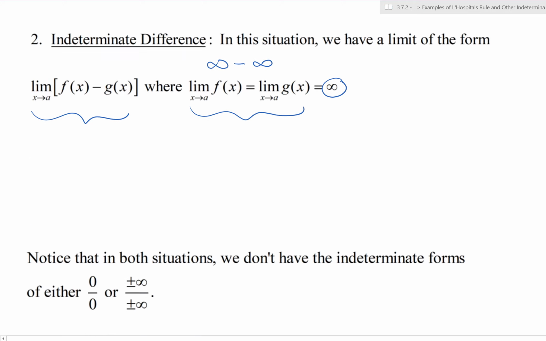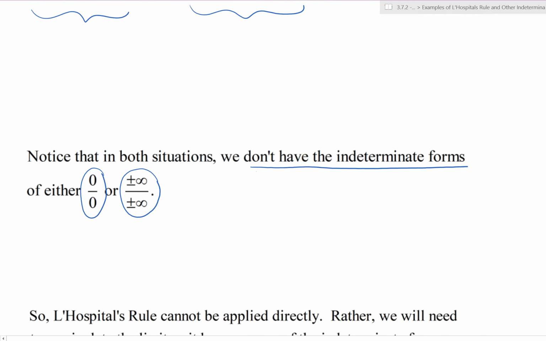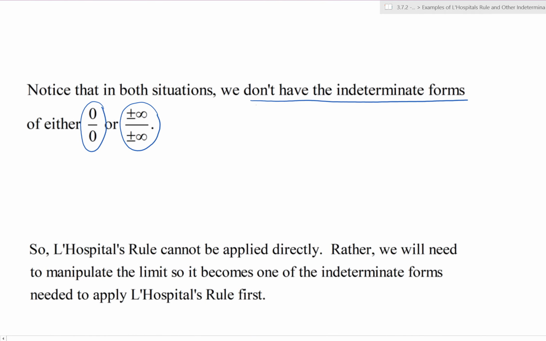Let's see. Now notice again, in both of these situations that we just looked at, the indeterminate product and the indeterminate difference, we don't have indeterminate forms that are either of the form 0 over 0 or plus or minus infinity over plus or minus infinity. And so we can't necessarily use L'Hopital's rule directly, because L'Hopital's rule says that the limit has to have one of those 2 indeterminate forms.